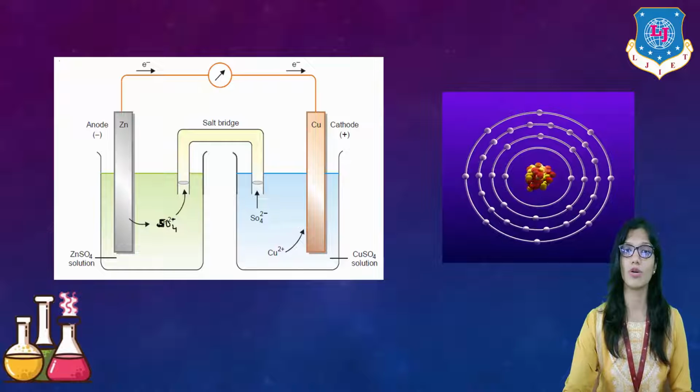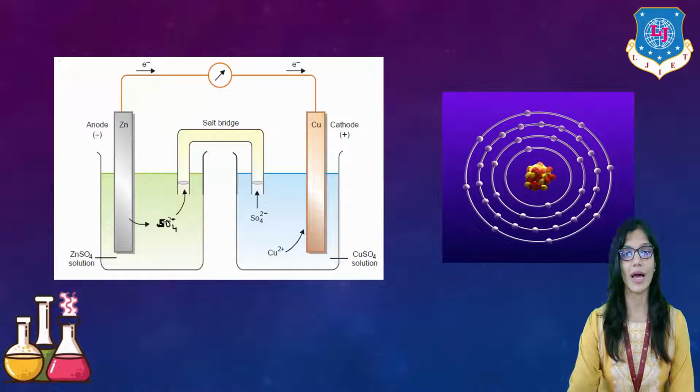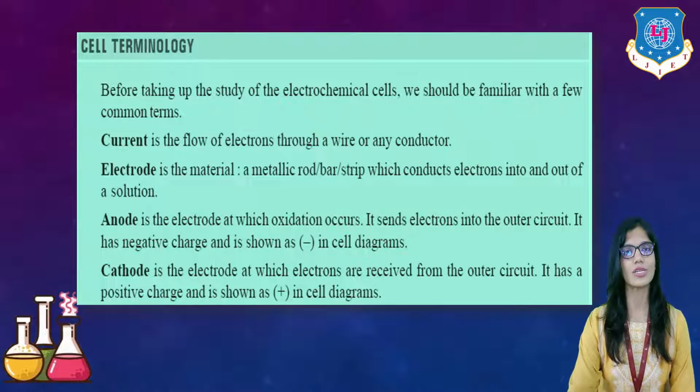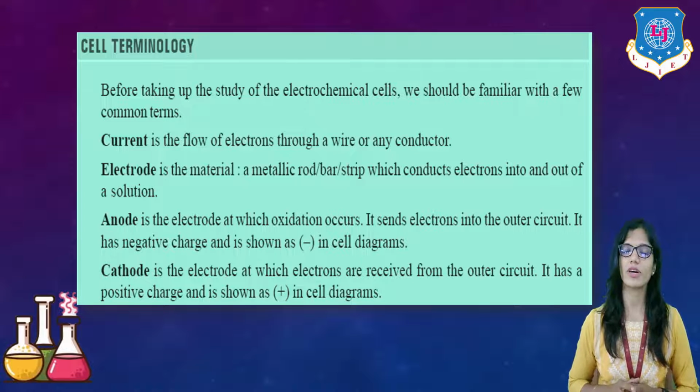So we will take a look first at what the cell terminologies are, and then we will move ahead. The first one is current. What is the meaning of current? Current is the flow of electrons through a wire or any conductor. It is basically the flow of electrons through any wire or any conductor.